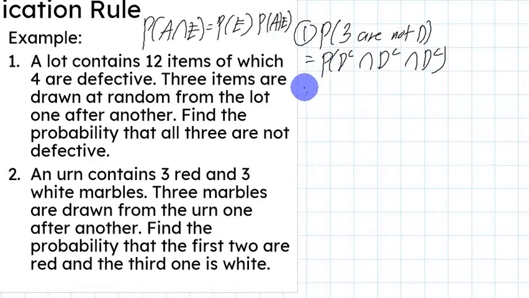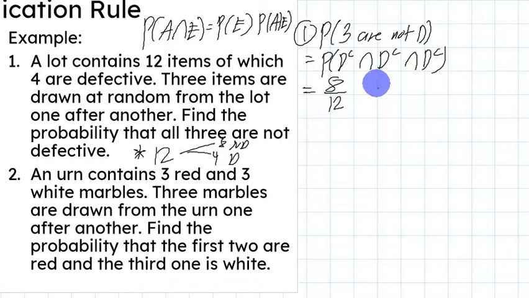Let's see this here. The probability of not drawing a defective would be based on these numbers. If we have 12 items, 4 are defective, 8 are not defective. So therefore, the probability of drawing a non-defective item would be 8 over 12 at the first draw.